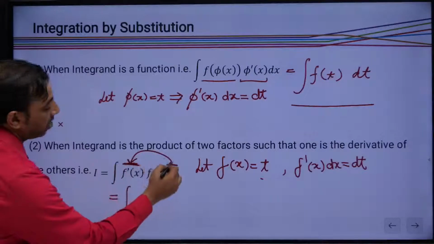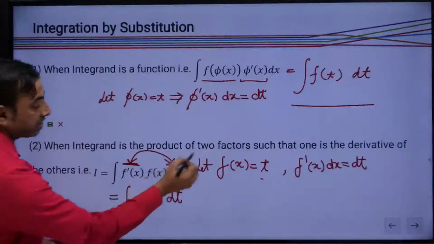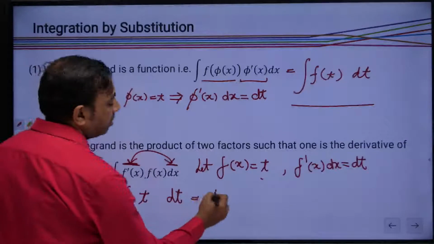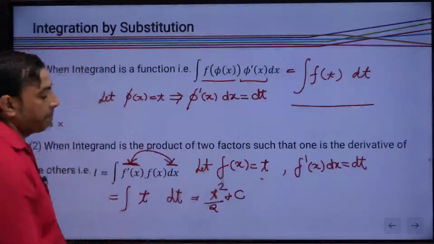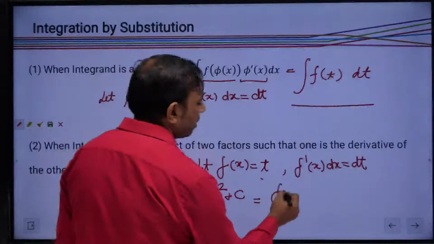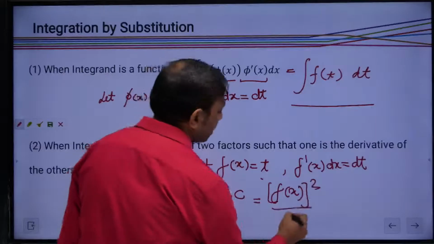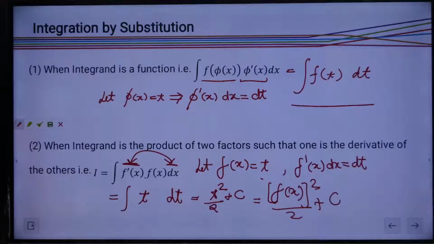These two terms combined will convert into dt, while f(x) is assumed as t. So I need to integrate t dt, and the integration of t dt will be t square upon 2 plus c, and finally I can find my t is f(x), that was t. So we have as a final answer, f(x) whole square upon 2.